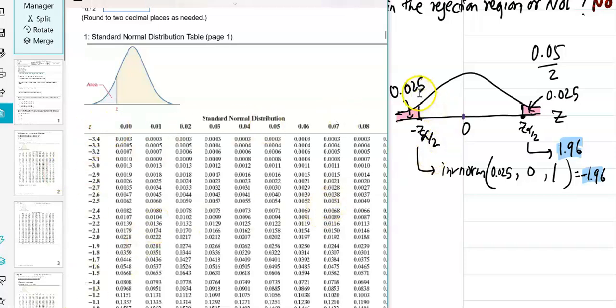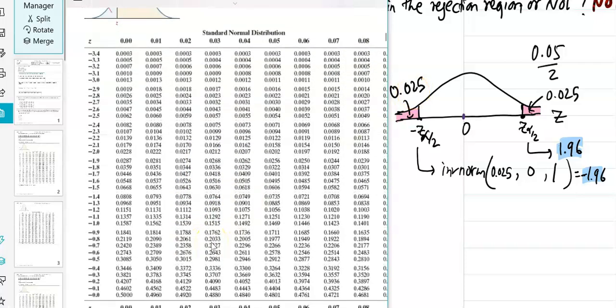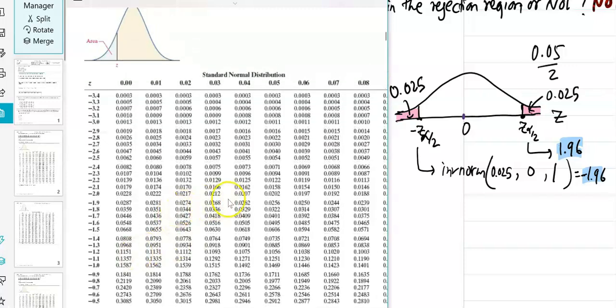So let's find 0.025 area. Let's see, 0.025 here. See, this is 0.025. That's exactly the area here. So your critical value is negative 1.9 and 0.06, so this gives you negative 1.96.